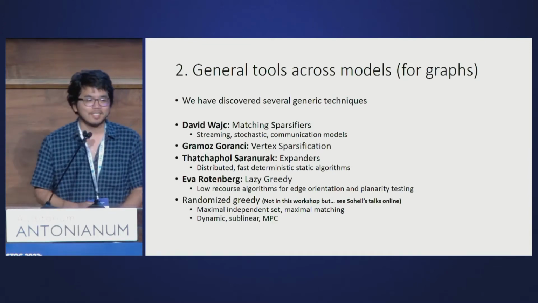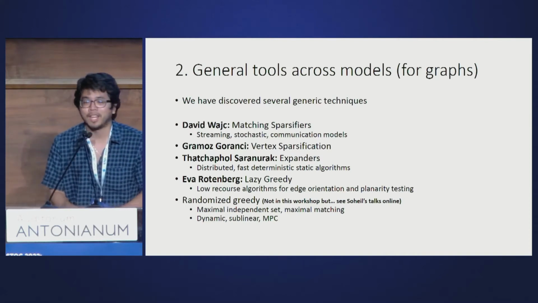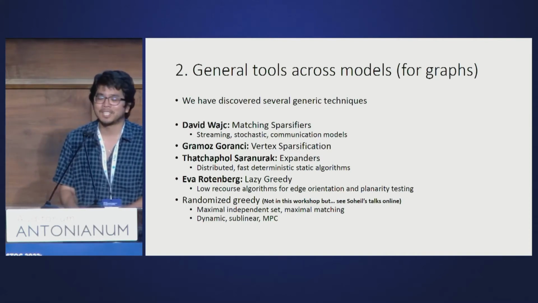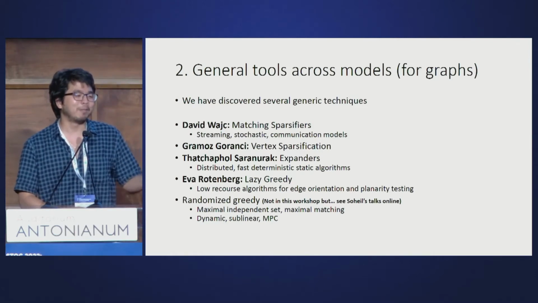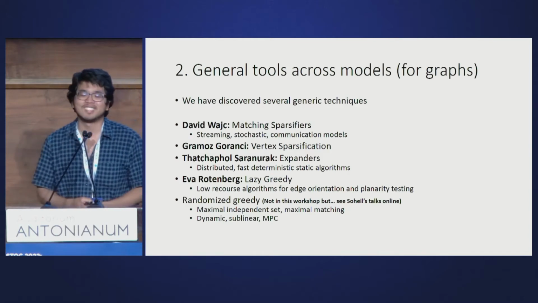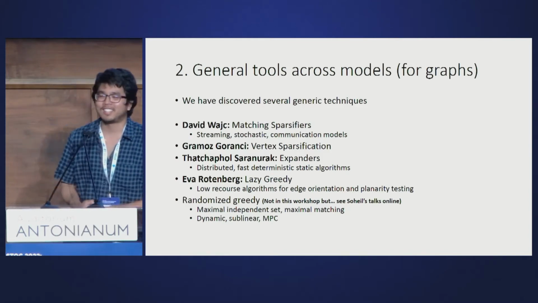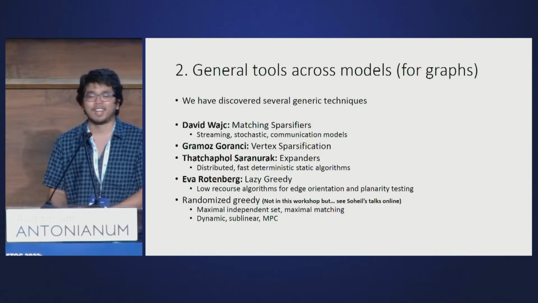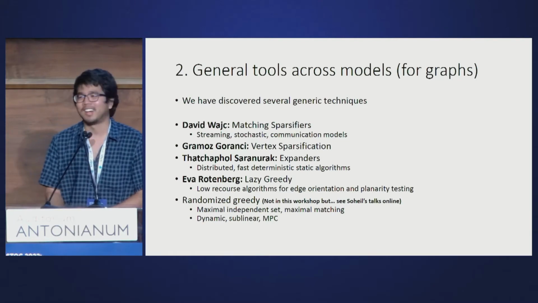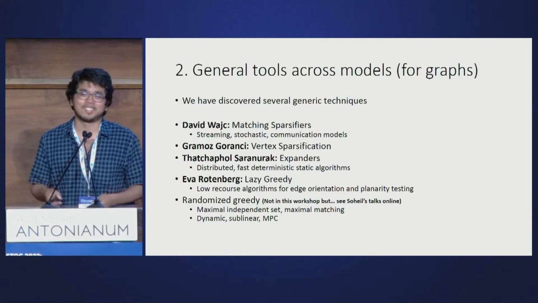And the next thing is going to be by me. I will talk about expanders. Expanders have proved to be useful in so many areas, and in the last few years, they have proved to be very useful in dynamic algorithms too. And I hope to tell you why, how come it is so useful? What is the intuition behind it?